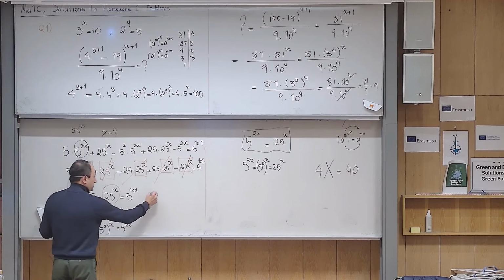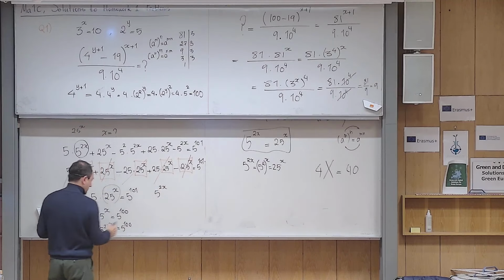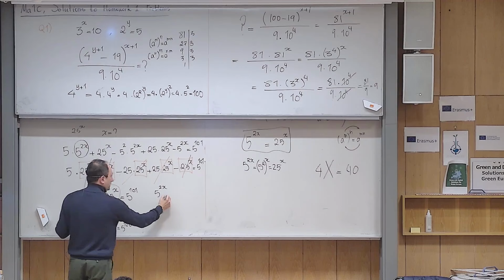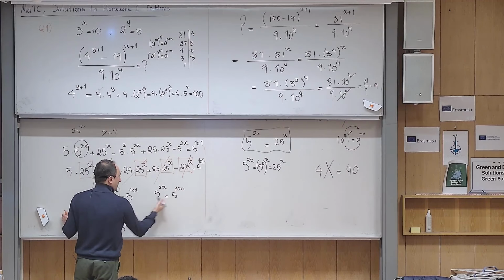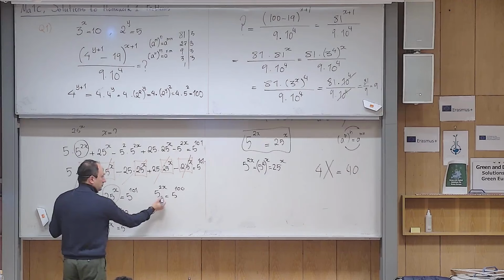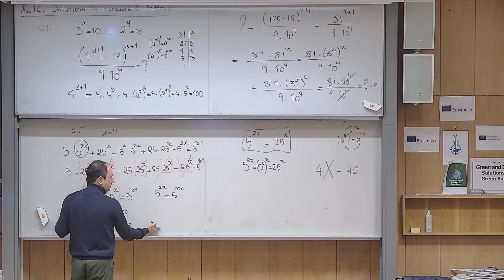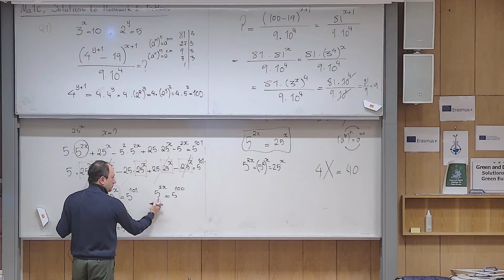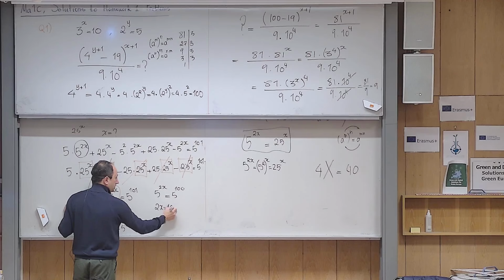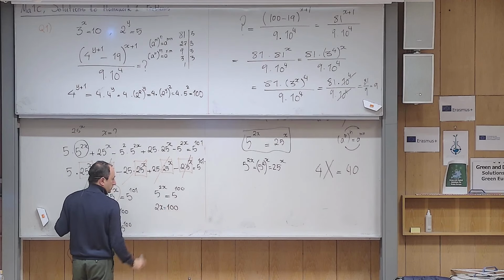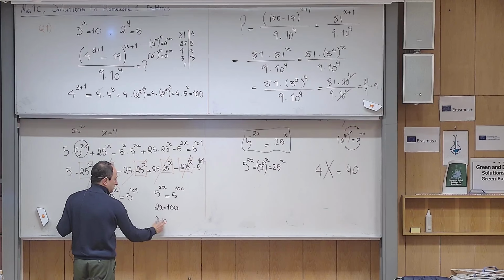It is 5 to the power of 2x is equal to 5 to the power 100. And it is now very easy to compare. Because I want to have equality, the bases are the same, then it means the exponents have to be the same. So what is x then? 50.